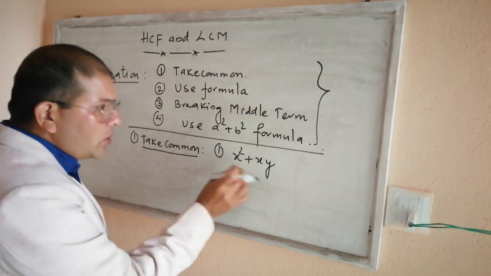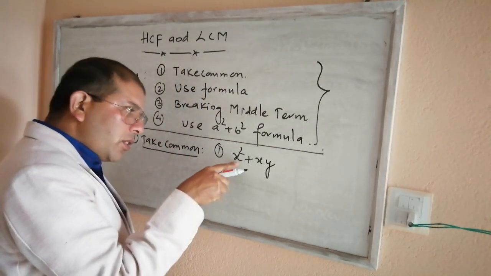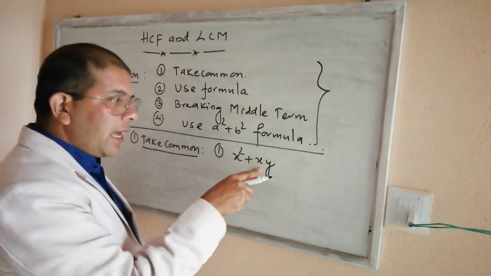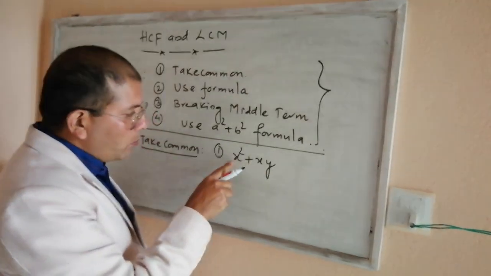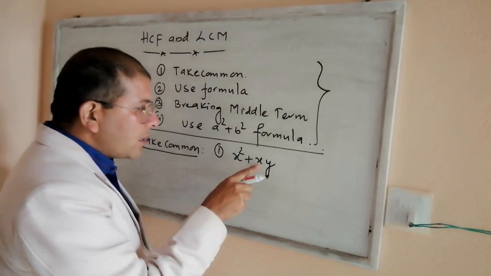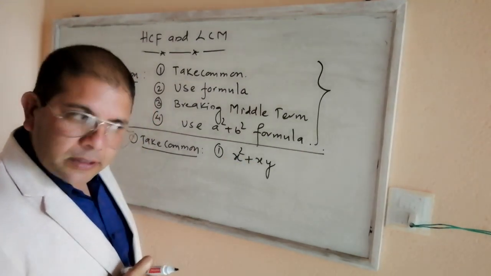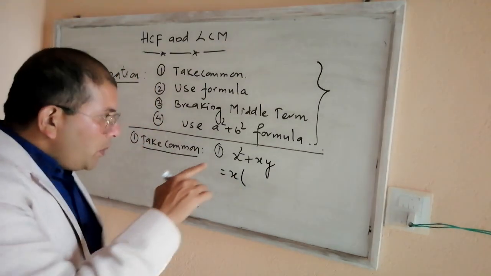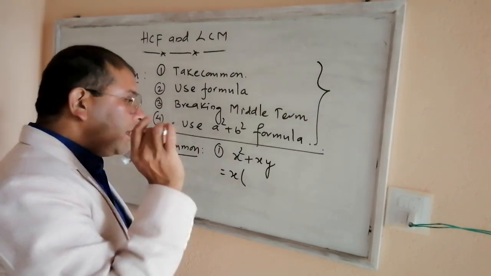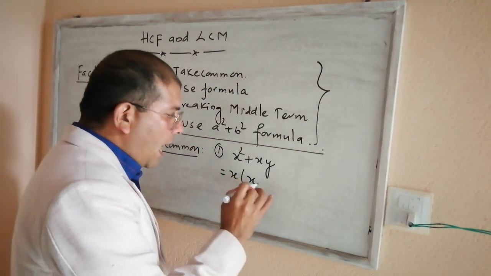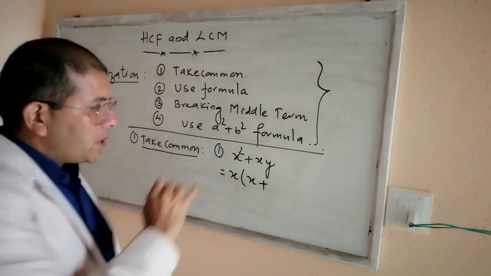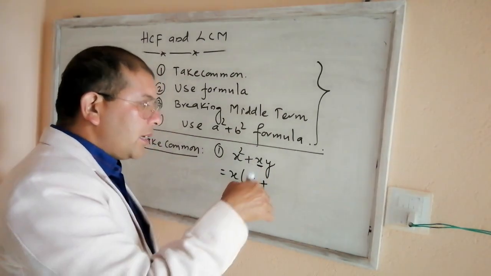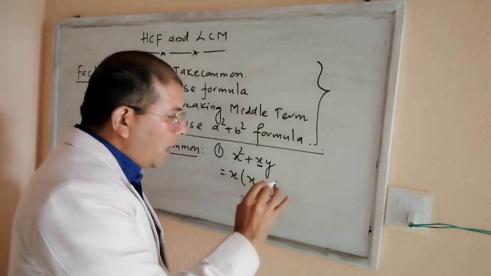In the first term x square, it means x into x, and in the second, xy, it is x into y. In both terms there is x common, so take common x. If we take common x from x square, the left term is x, and from the second term, the left term is y.